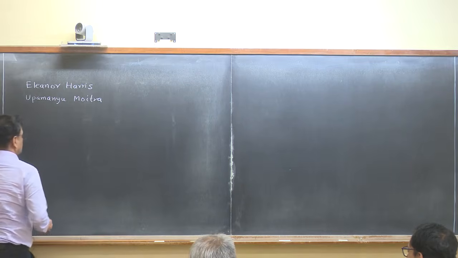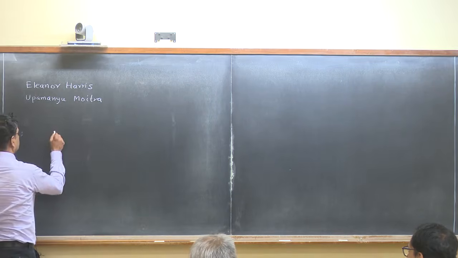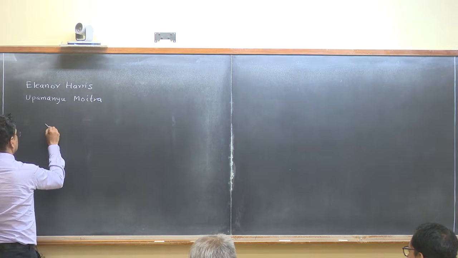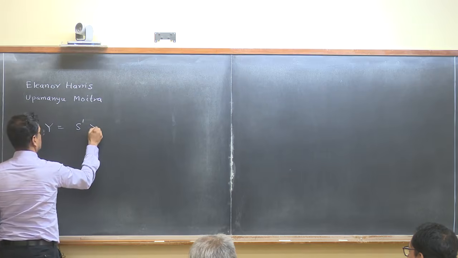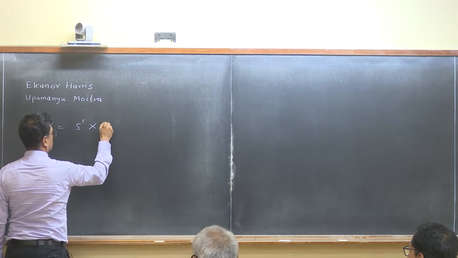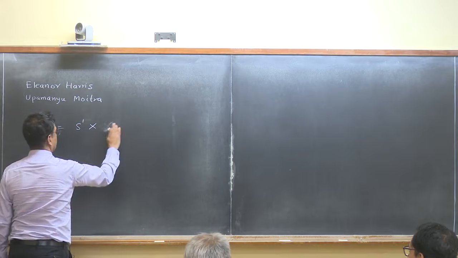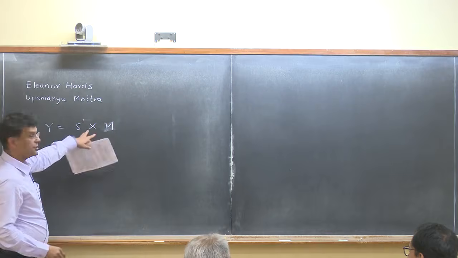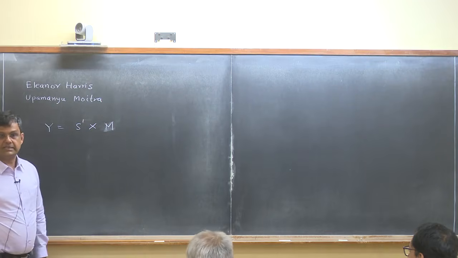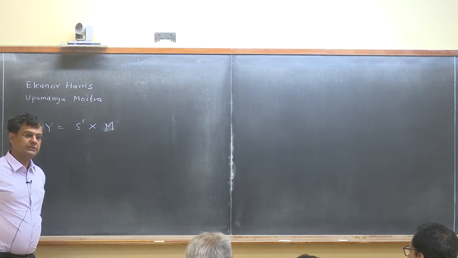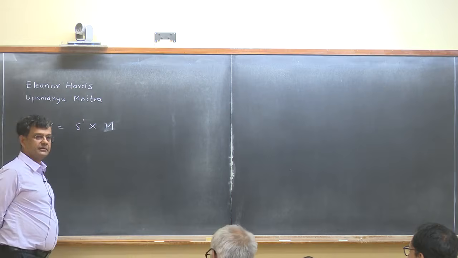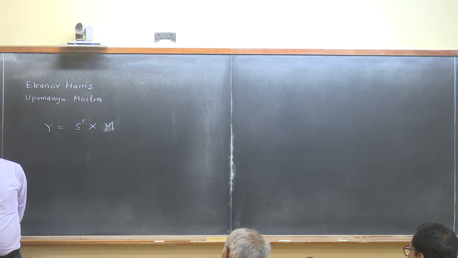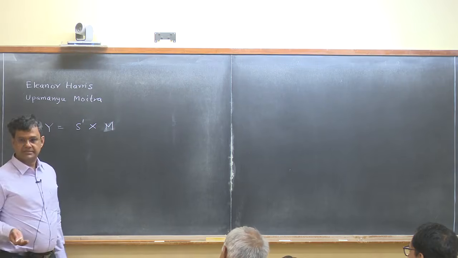So, if you take a path integral on some general manifold, let me call it M, which has this product form, then it has a natural interpretation. In the Euclidean path integral on a Euclidean manifold of the form S1 cross M, there is a natural interpretation in Lorentzian as a trace.